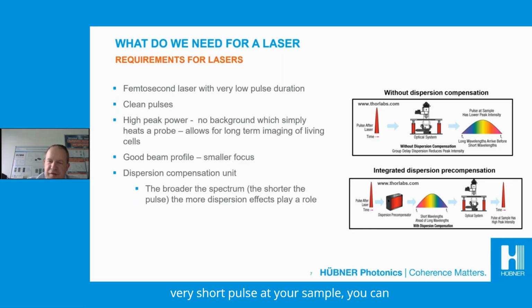If you want a very short pulse at your sample, you can use the dispersion compensator, which produces a pulse that is also chirped, but with the blue part propagating faster than the red one. Then you pass through the optical microscope, the pulse sees all the dispersion, the dispersion effect gets cancelled, and you get a very short pulse at your sample.